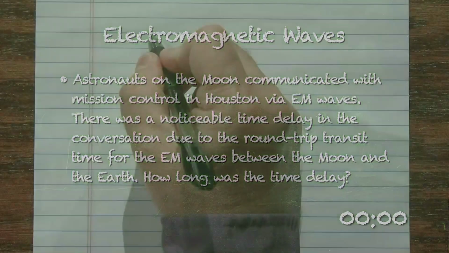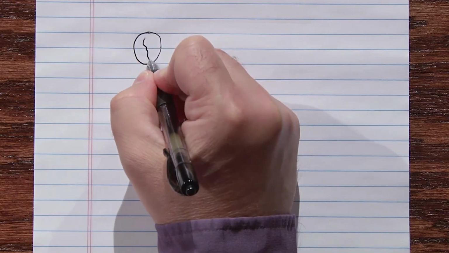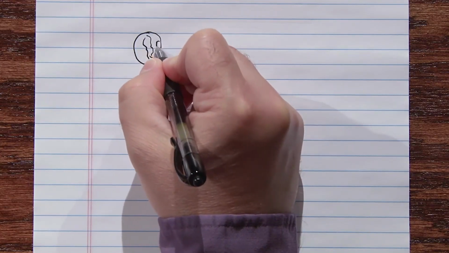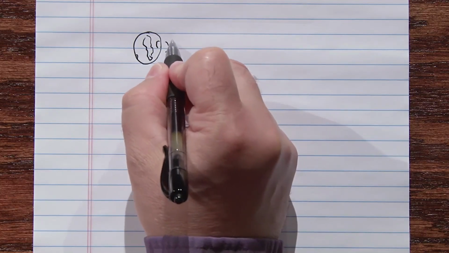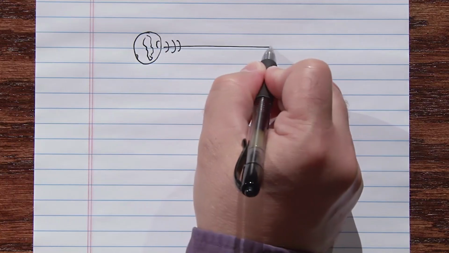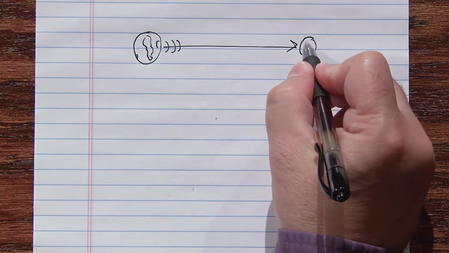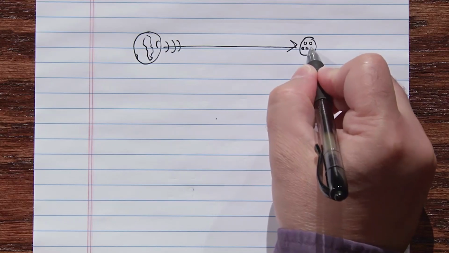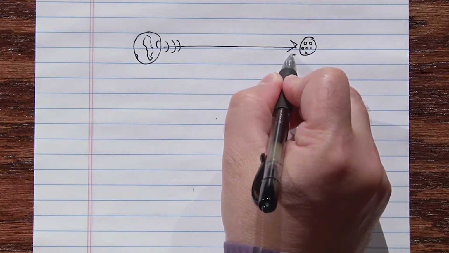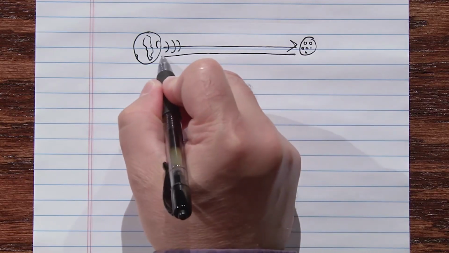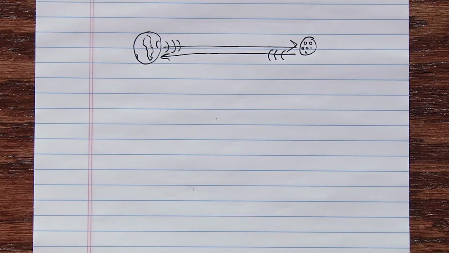Okay, here is the Earth, its continents. And we send out a radio wave to the moon. And the astronauts on the moon immediately, once they hear the question, respond with a radio wave of their own.